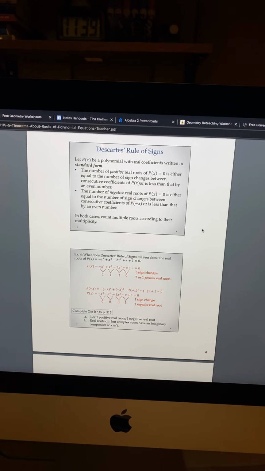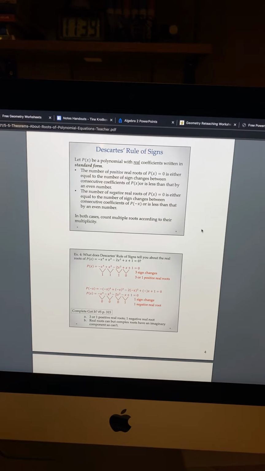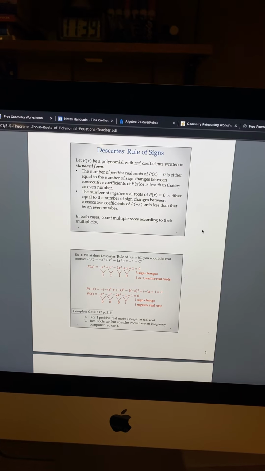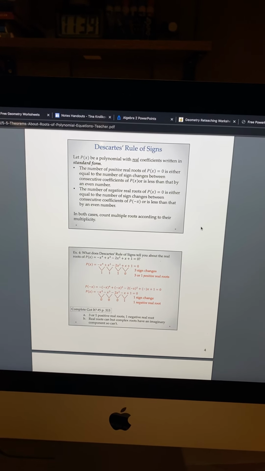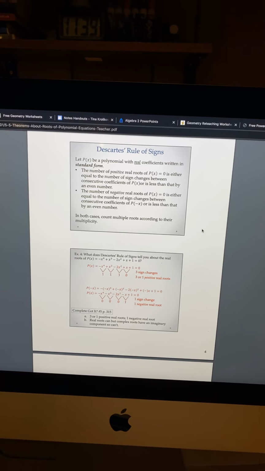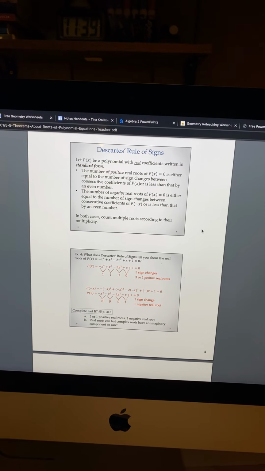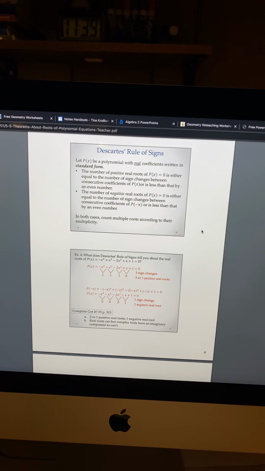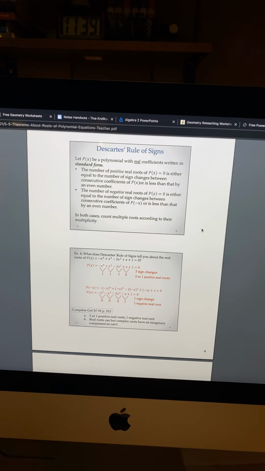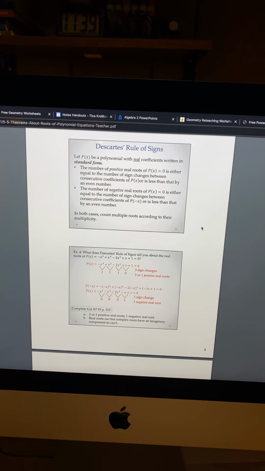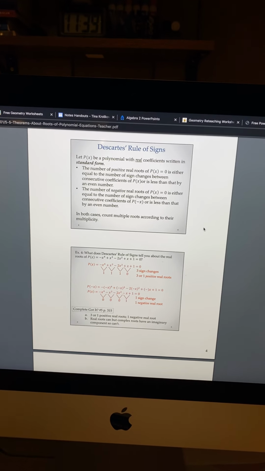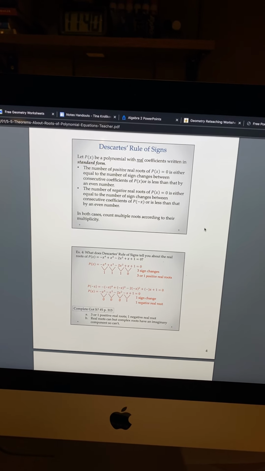The number of positive real roots of P of X equals 0 is either equal to the number of sign changes between consecutive coefficients of P of X, or is less than that by an even number. The number of negative real roots of P of X equals 0 is either equal to the number of sign changes between consecutive coefficients of P of negative X, or is less than that by an even number. In both cases, count multiple roots according to their multiplicity.